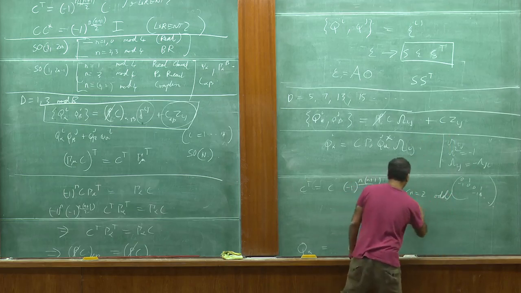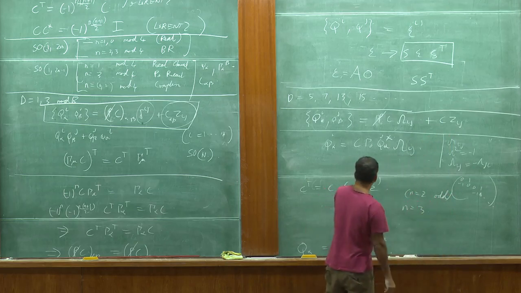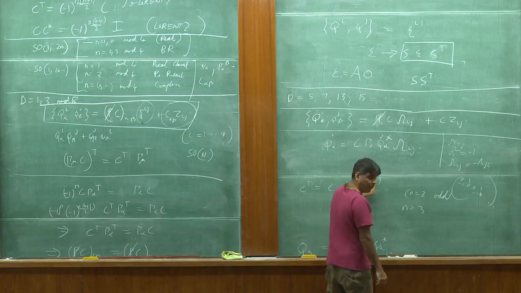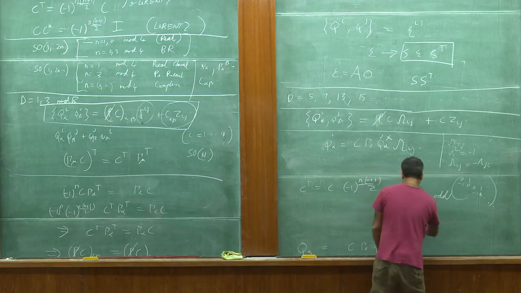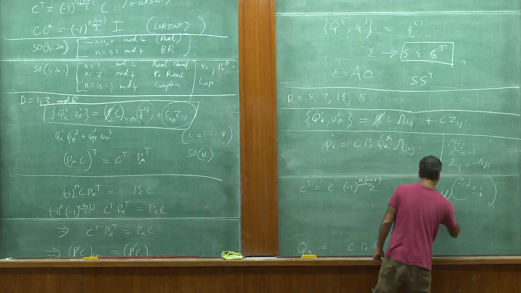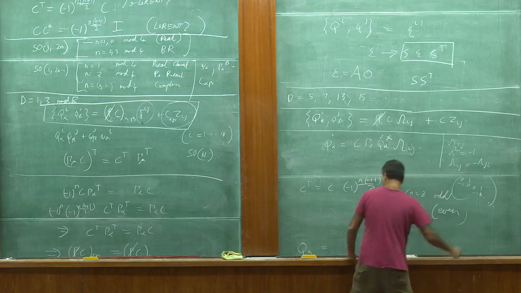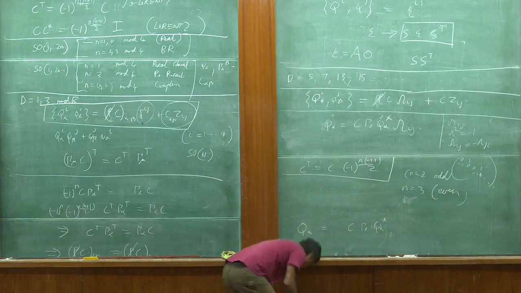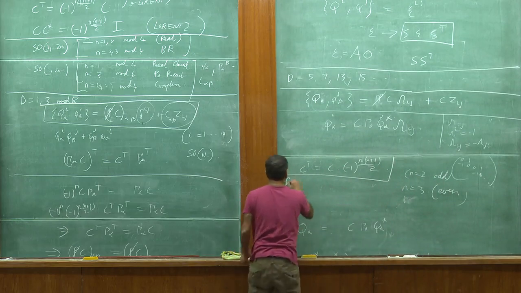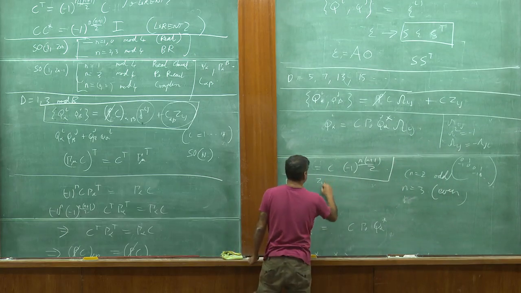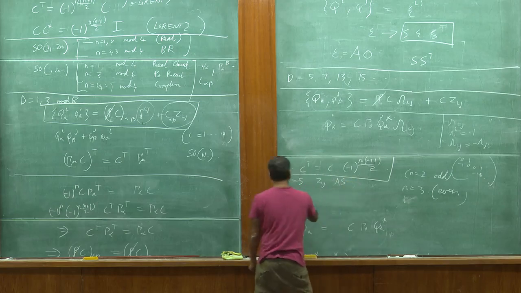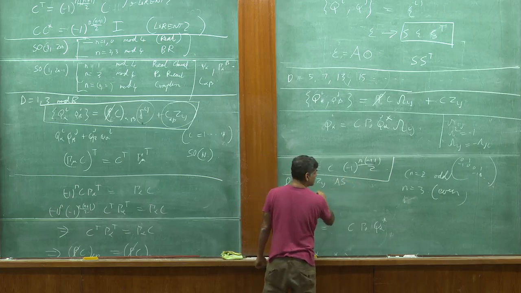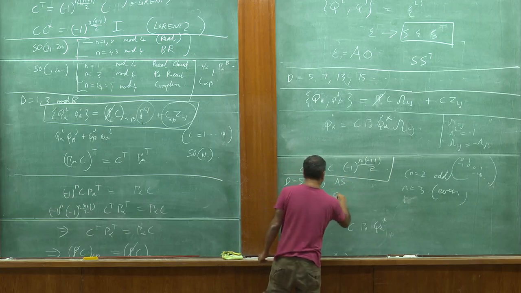Whereas for n equal to 3, this would be 3 into 4 by 2, so that's even. So for n equal to 3, we get even. And so we conclude that for d equals 5, Zij is antisymmetric, and for d equal to 7, Zij is symmetric.